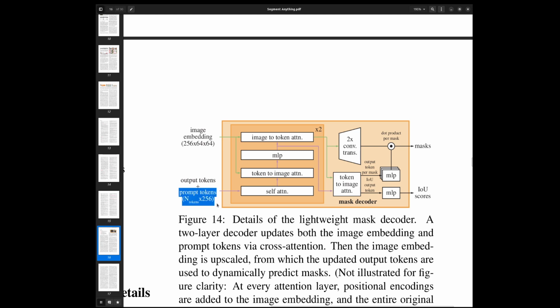So this is very interesting. If you want to add a new prompt, you can just go ahead and add a new prompt. If you want to add a new type of output, you can just add a new token here, and then from here you are going to probably take it and predict something.